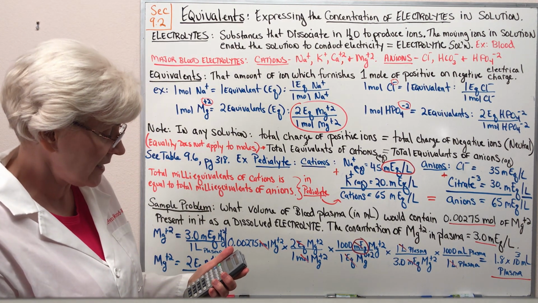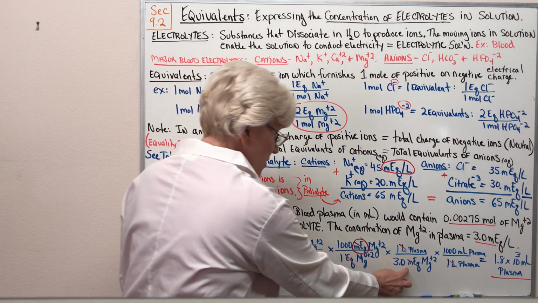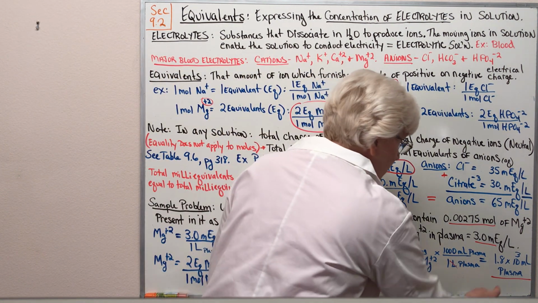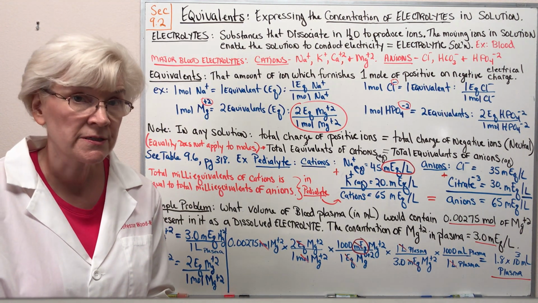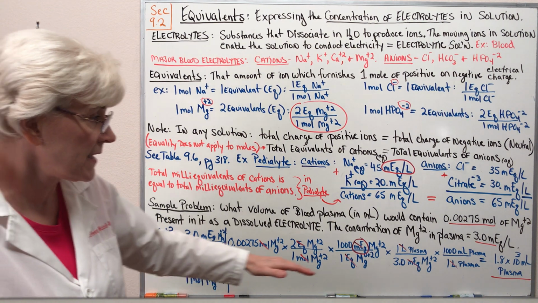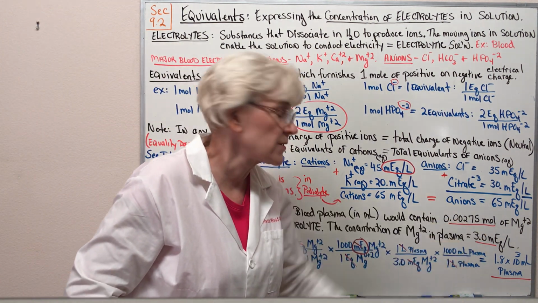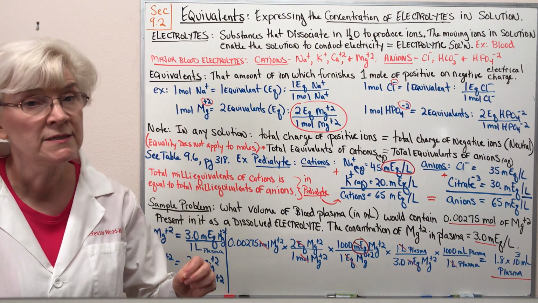So expressing this result with 2 sig figs, our concentration has only 2 sig figs to it. I'm writing 1.8 times 10 to the third milliliters of blood plasma would be needed to have 0.00275 moles of magnesium present dissolved in it.